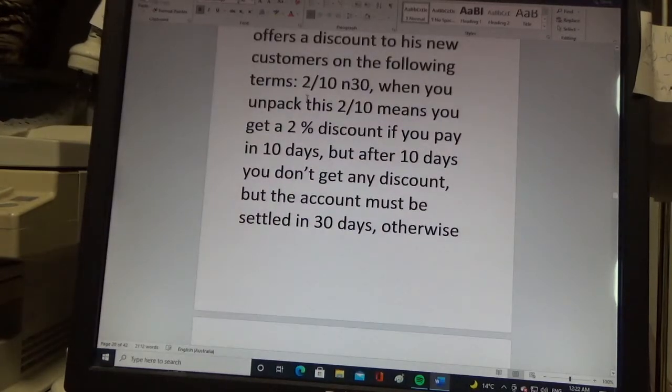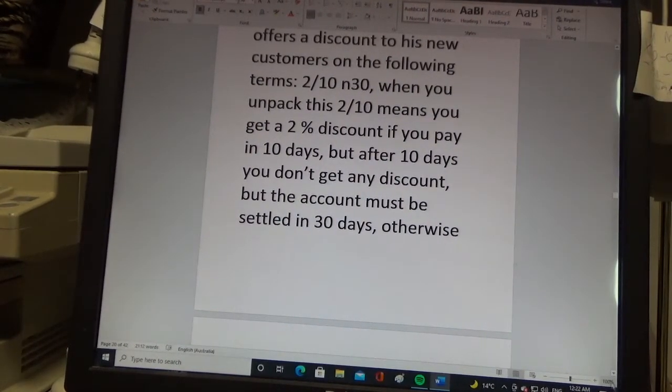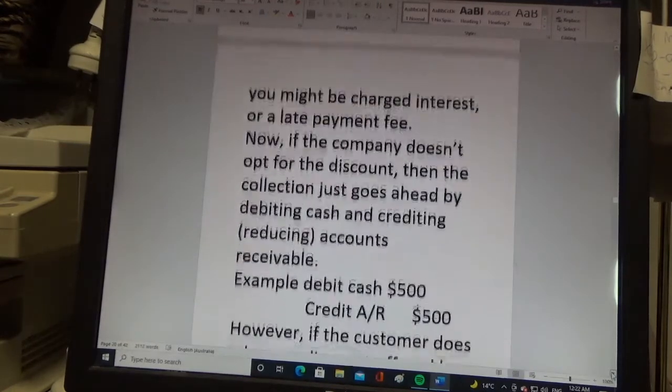This example is just 2/10 N30, but if it was 5%, that 2 would be 5. If it was within 20 days, that number would be 20. And if it had to be paid in 60 days, then that number there would be 60. So they've got a bright new finance manager in.